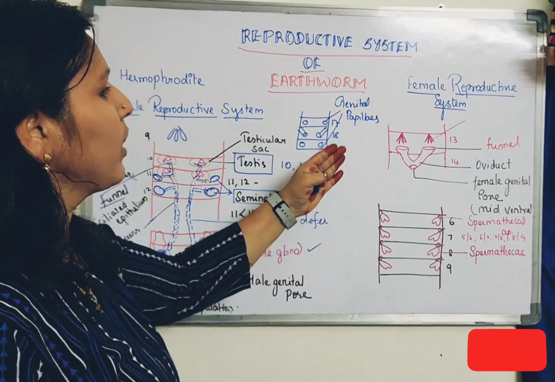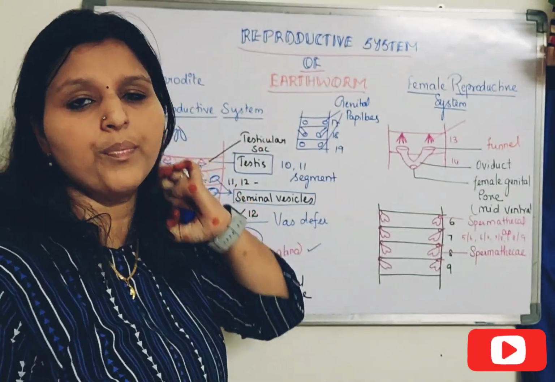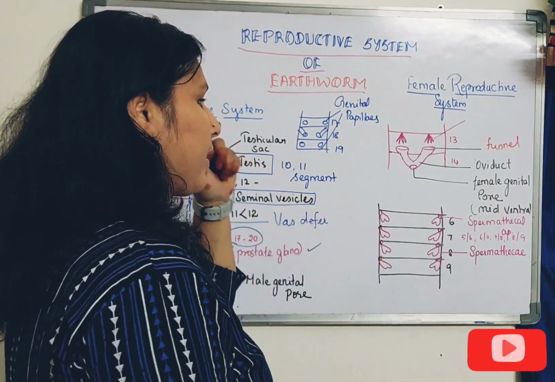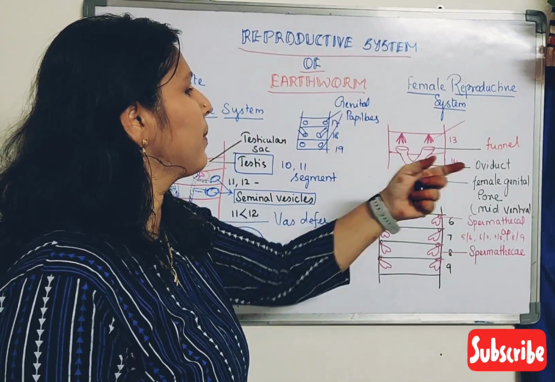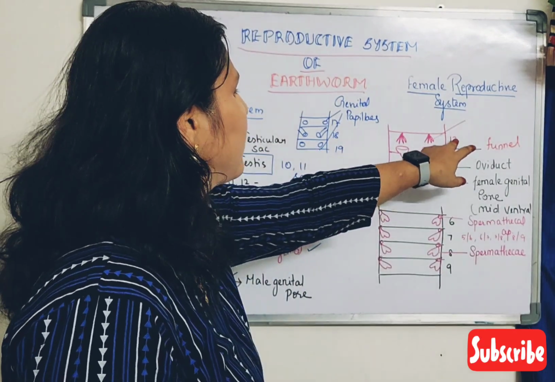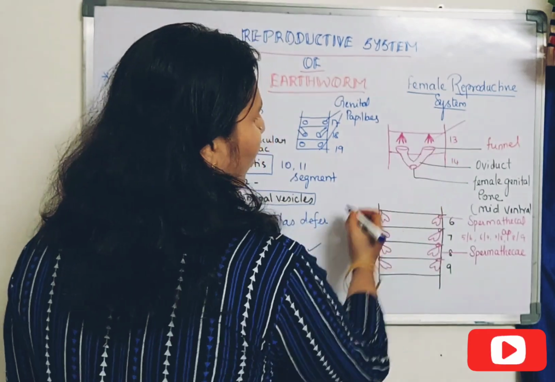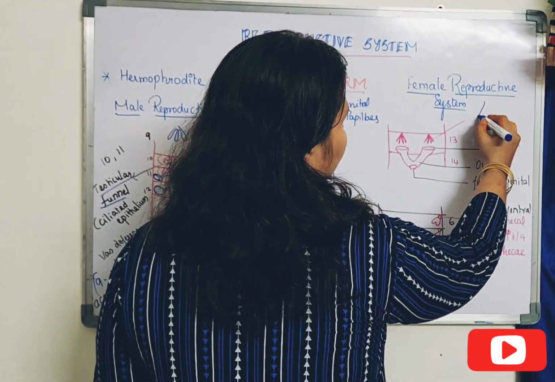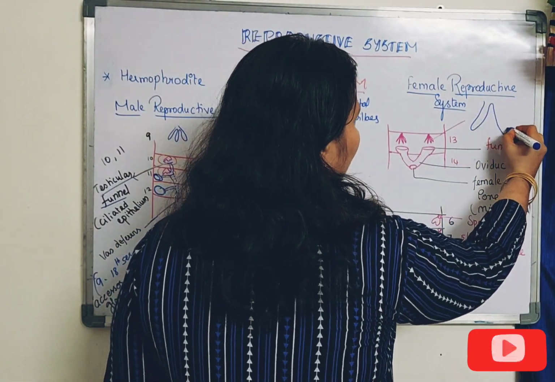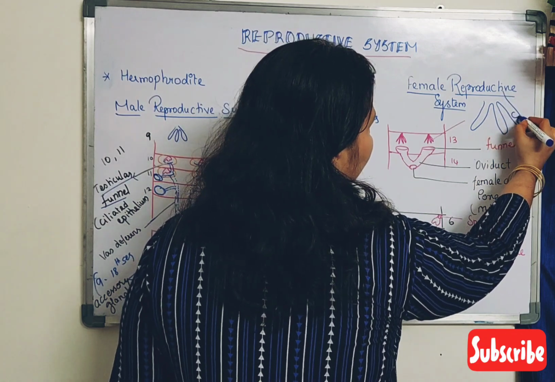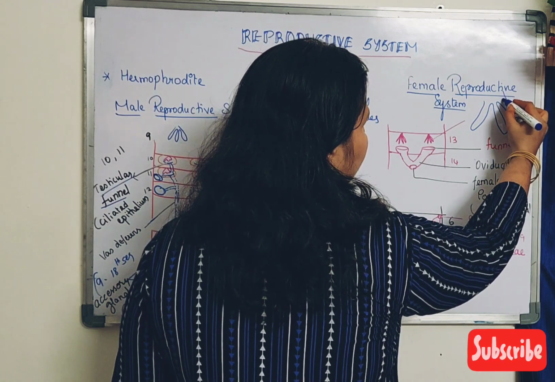When we are talking about the female reproductive system, it is not as complicated as the male reproductive system. It starts with the 13th segment. This is the ovary. The structure of the ovary will be like this, and the ova will be embedded inside the ovary.